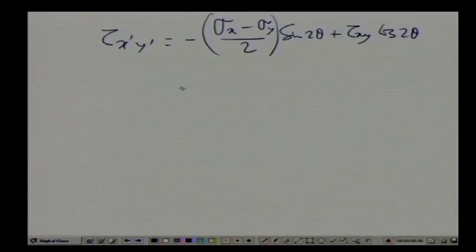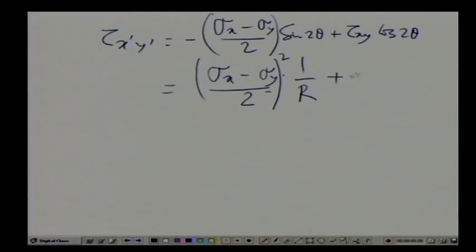And if we substitute the value of sin 2 theta and cos 2 theta, sin 2 theta we have obtained as sigma x minus sigma y by 2, so this is sigma x minus sigma y by 2 square of this times 1 by r plus tau x y square by r, and r being root of sigma x minus sigma y by 2 square plus tau x y square.